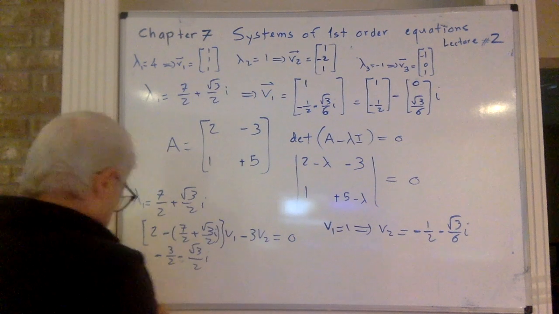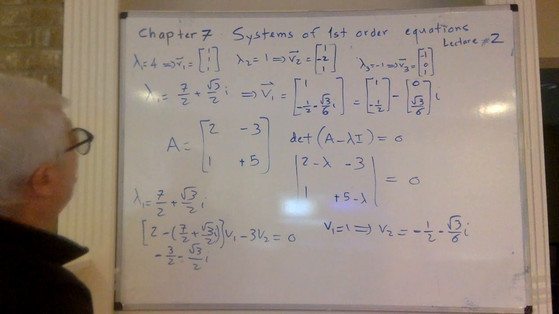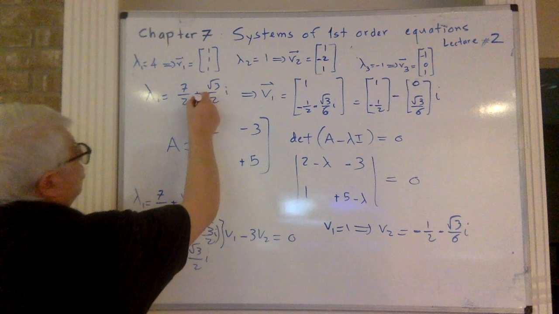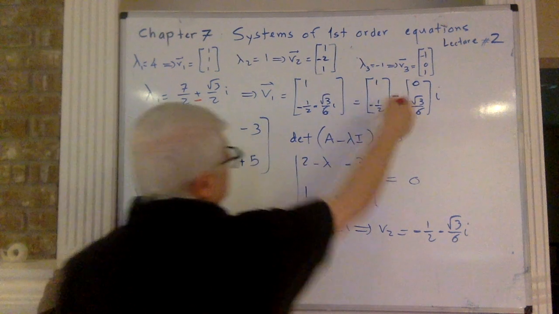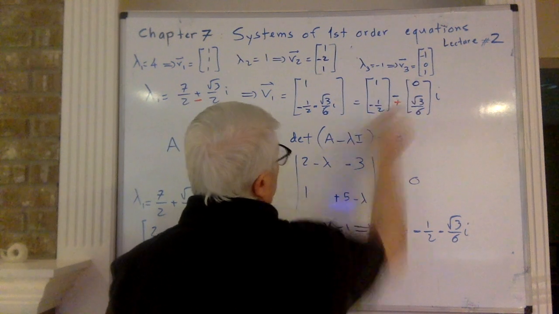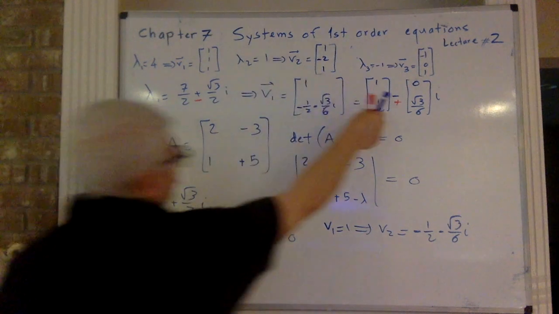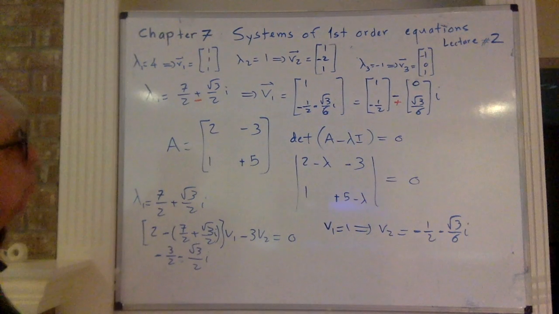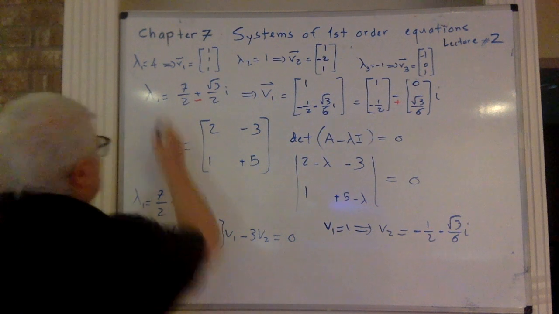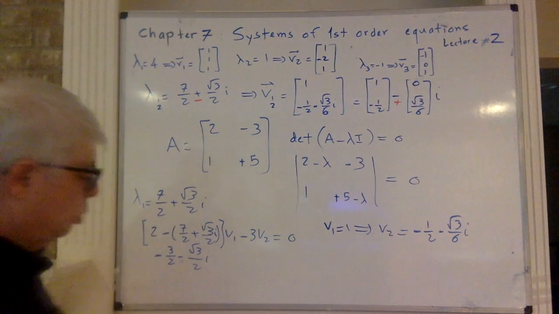Okay, so that is for this eigenvalue, and remember the other one is the conjugate of this. So the conjugate will have a plus here. So one eigenvector is this with the minus here, plus 1. And those are the eigenvalues and eigenvectors. So there's lambda 1 and lambda 2.